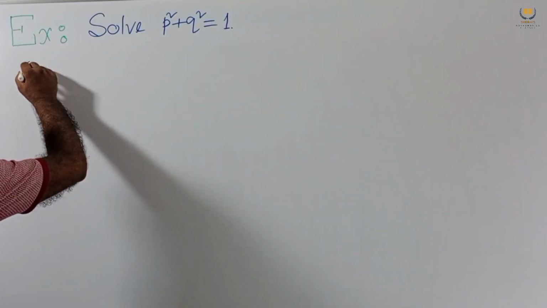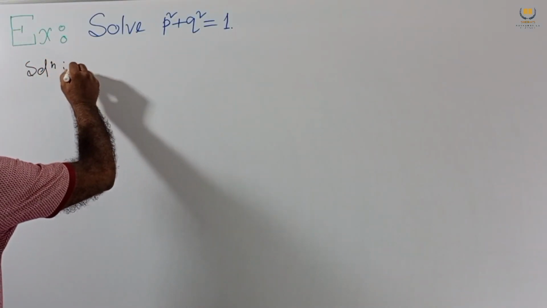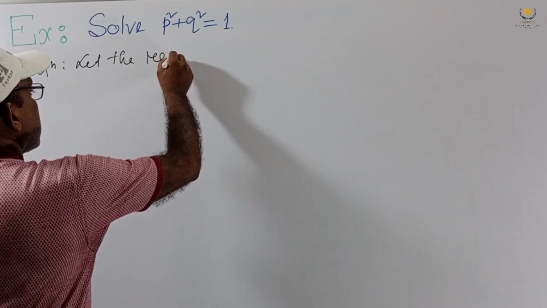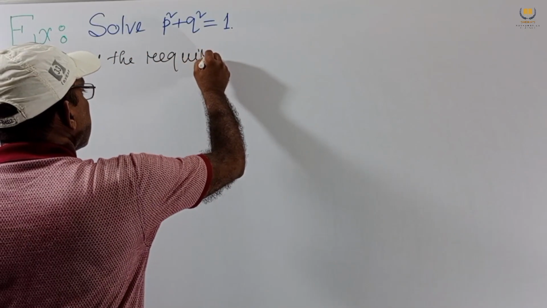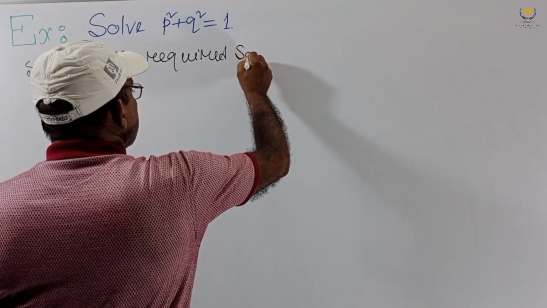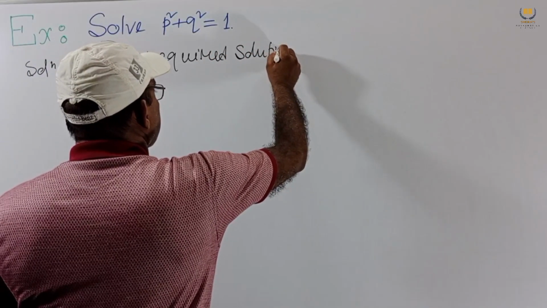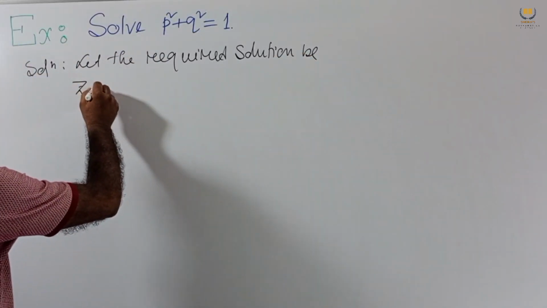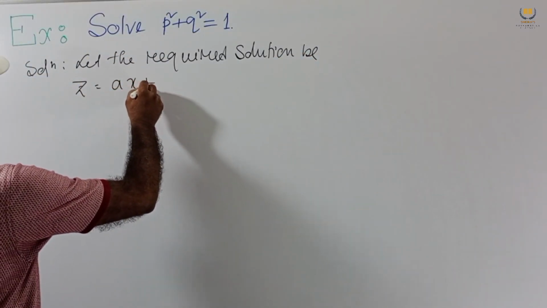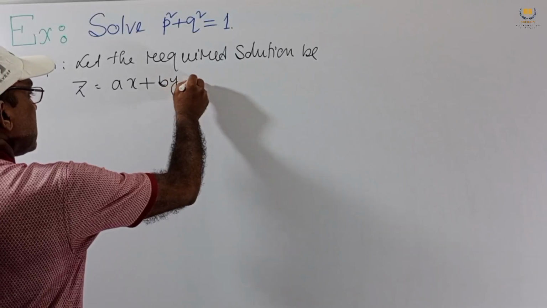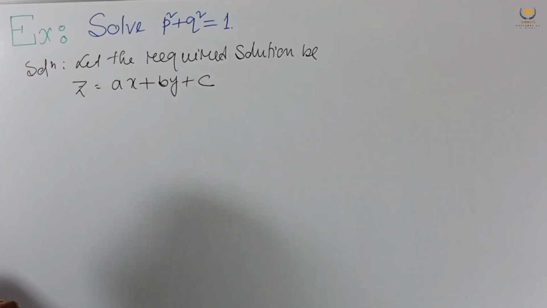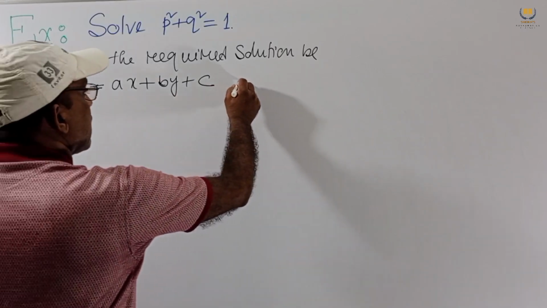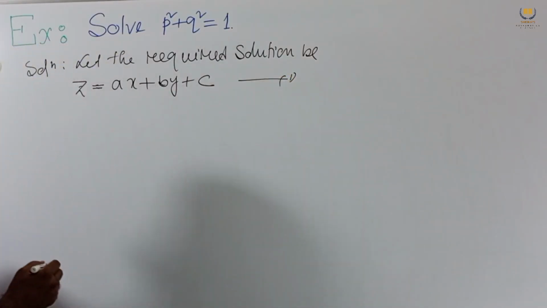Now solution: let the required solution be z equal to ax plus by plus c. This is the required solution. We consider this as number 1.